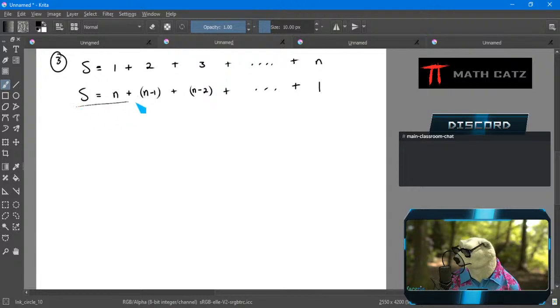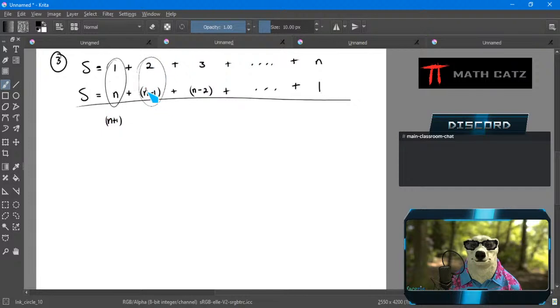Then my strategy was to pair them up. The first ones in line will be 1 plus whatever n's value is, will be n plus 1. Then I pair up the next couple. 2 plus n minus 1 will also be n plus 1. The next pair also will be n plus 1.